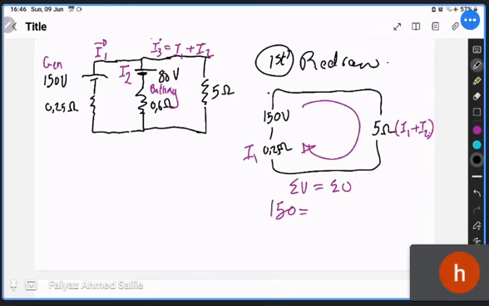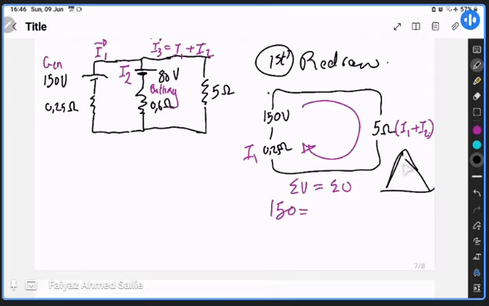So what are we doing? Sum of the voltage equals sum of the voltage. And we know from Ohm's law that voltage is equal to I multiplied by the resistance. So we multiply I and the resistance to get the voltage from Ohm's law. So now let's do that: 0.25 ohms multiplied by the current I1.